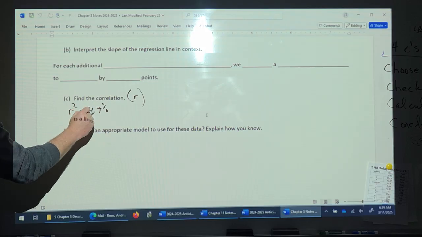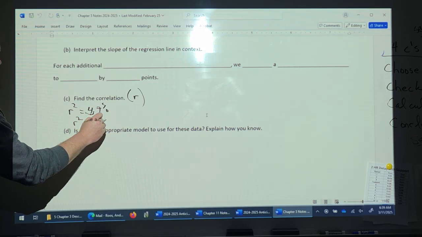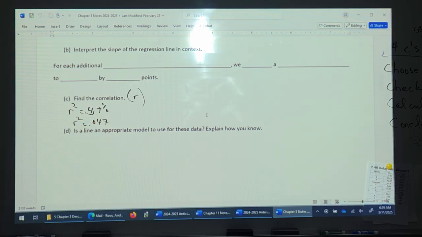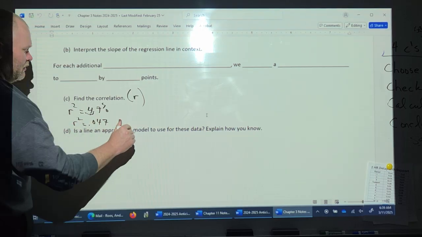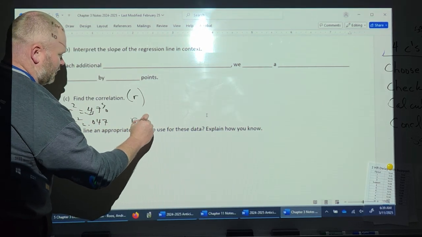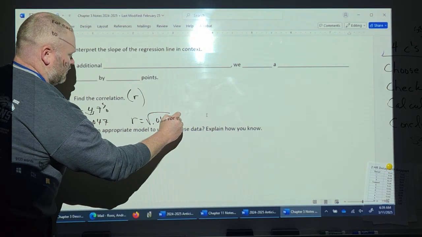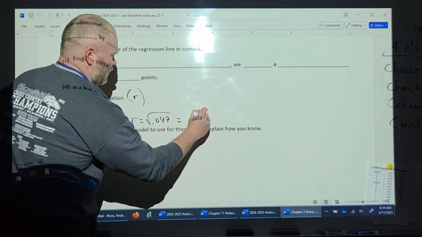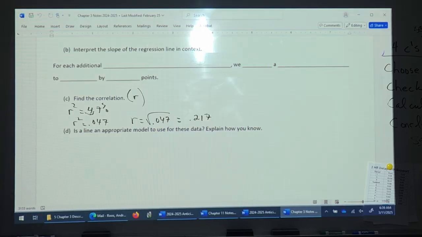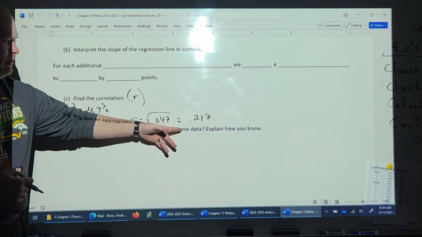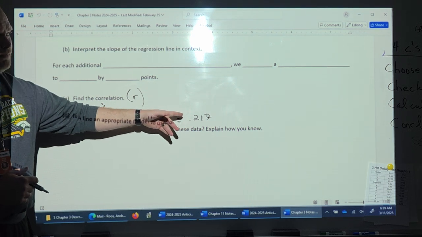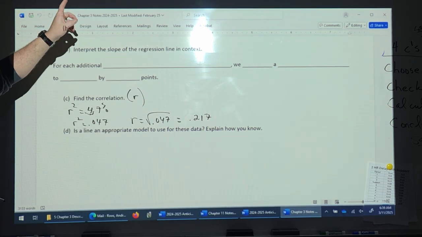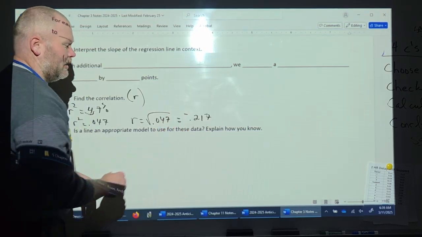Taking that out of percent form, move the decimal point 2 places, we get an R squared value of 0.047. Then to get R, take the square root. So R is going to equal the square root of 0.047, which is about 0.217. We have to determine whether this correlation is positive or negative. Well, scatter plot was negative, slope was negative, so the correlation is going to be negative.